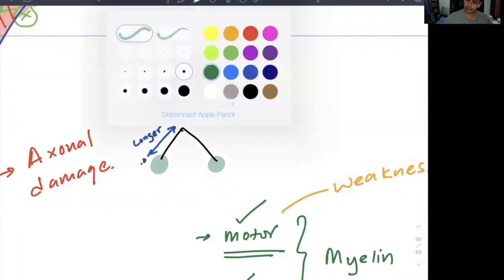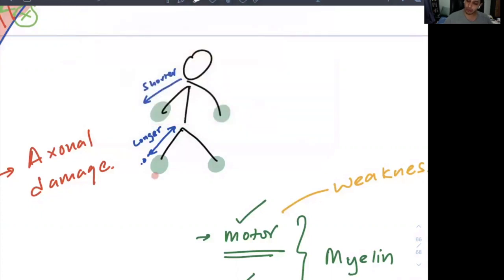Your lower limb involvement will progress up and it may reach till the knees, and then your upper limb involvement may start and it may reach to the elbows. So this is a classical feature of axonal neuropathy, and this type of presentation is called glove and stocking presentation.